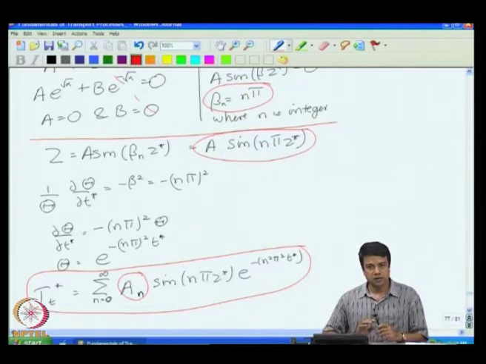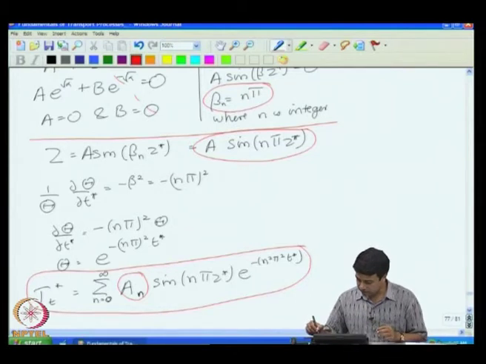This solution is an infinite series. So, if you wanted to determine the solution exactly, you would have to determine an infinite number of terms. However, the higher order terms in this series decay as e power minus n square as n becomes large.